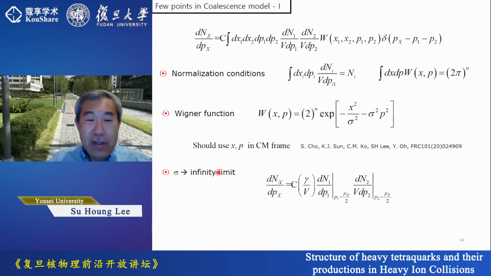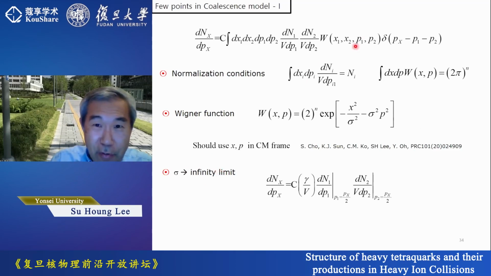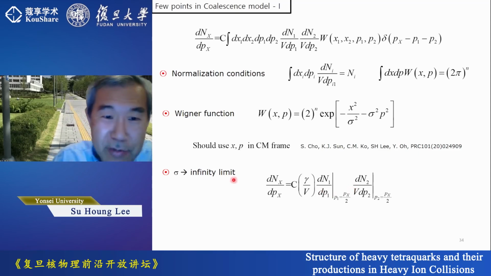This limit is when you assume that the wave function of the final deuteron, for example, is very large. Then this formula just reduces to multiplying the proton distribution, neutron distribution, the PT distributions. So the PT distribution of the deuteron is just factors coming from this, times, if this is the total momentum of the deuteron, half the transverse momentum for the first nucleon and half for the second. That gives you the sigma infinity limit.